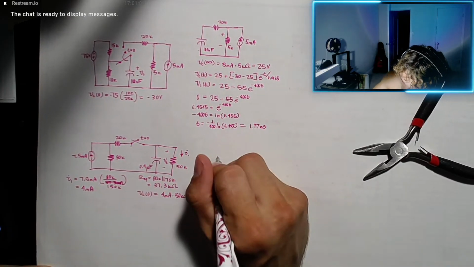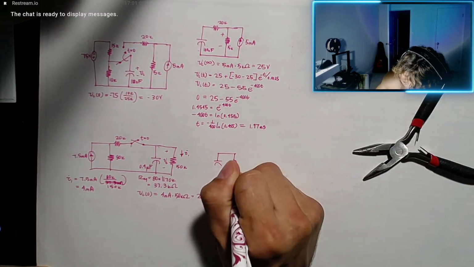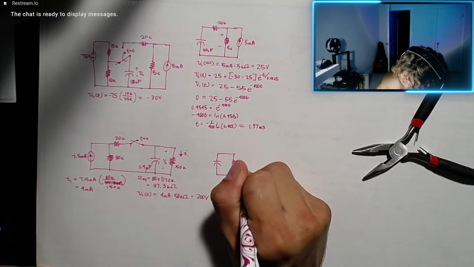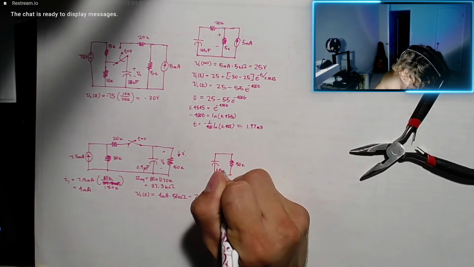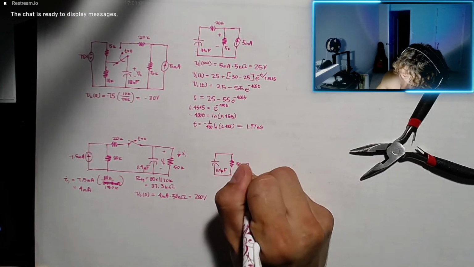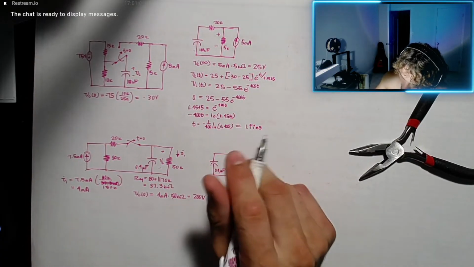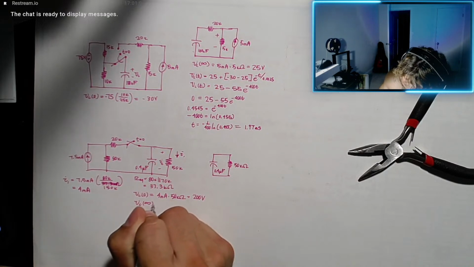And then after it's open, all we're left with is this. That's just it. So VC at infinity equals 0.